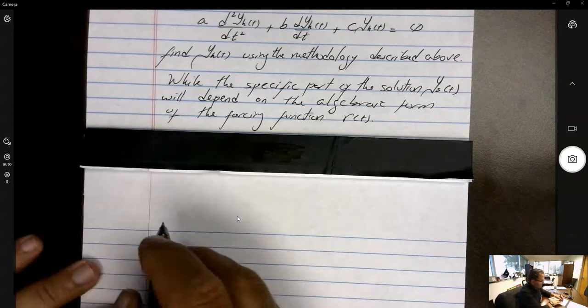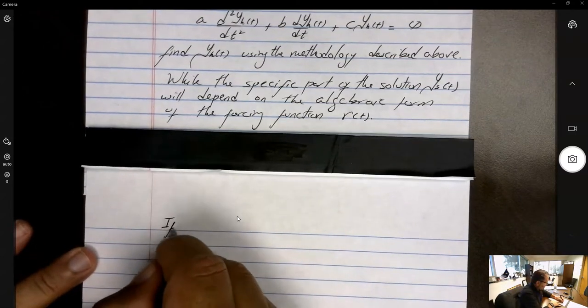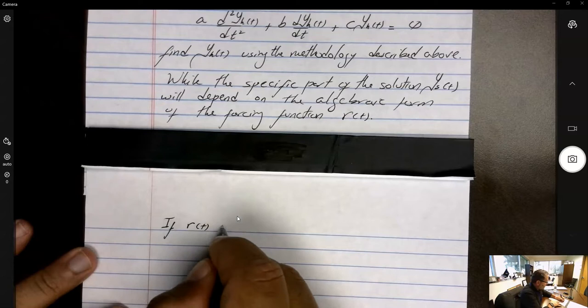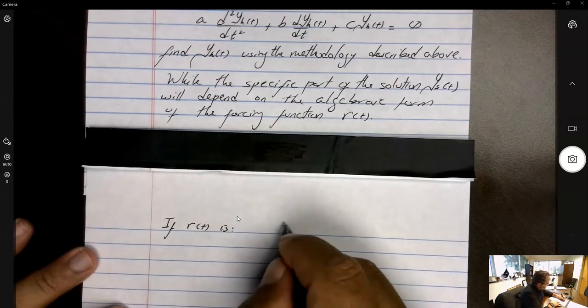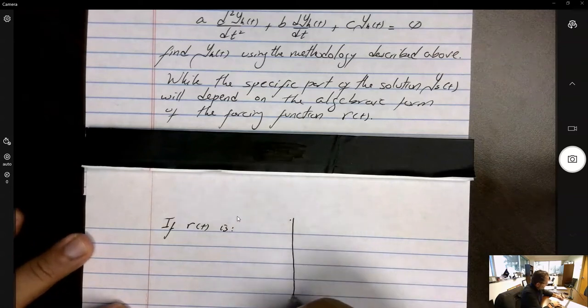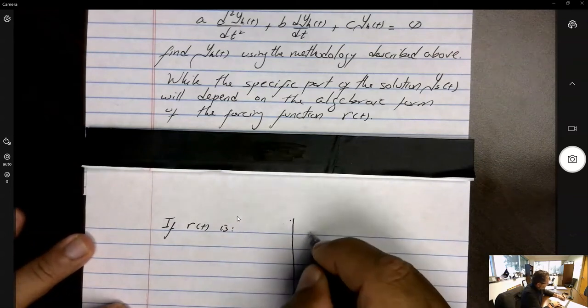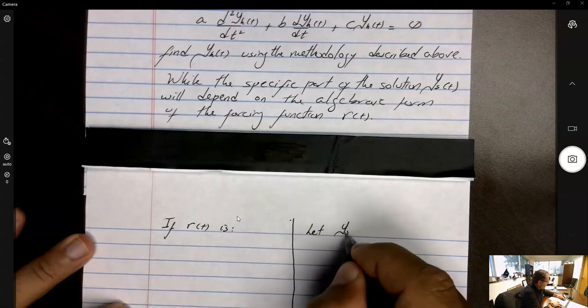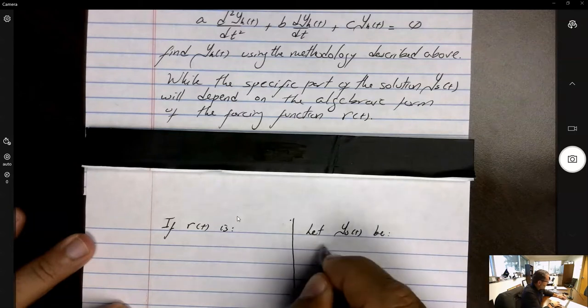So if r of t is, then you're going to let, I'm going to put in a divider here. So we're going to let ys of t be.